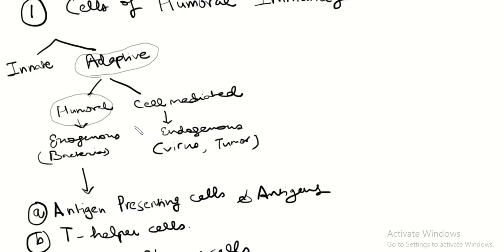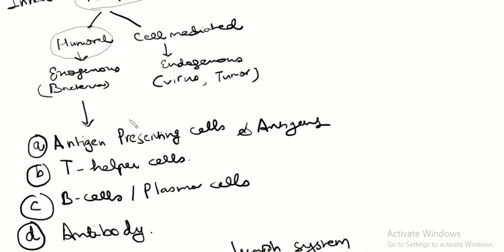Okay, now, which are these cells? So remember, we had the antigen presenting cells and antigens, right? Which we got from the innate immunity, and both of them flowed into the lymph channels, right? So that's one. So they are involved.